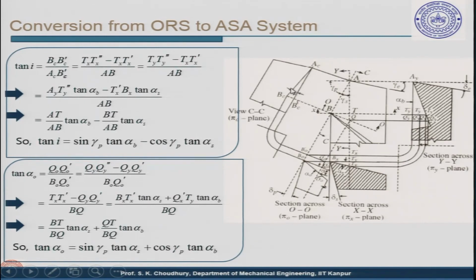Let us say tan of this angle is this, okay, divided by this, will be AC BC prime, okay. So, AC BC prime can be projected to this base as AB, all right, and BC BC prime can be projected to other views like this view, okay.